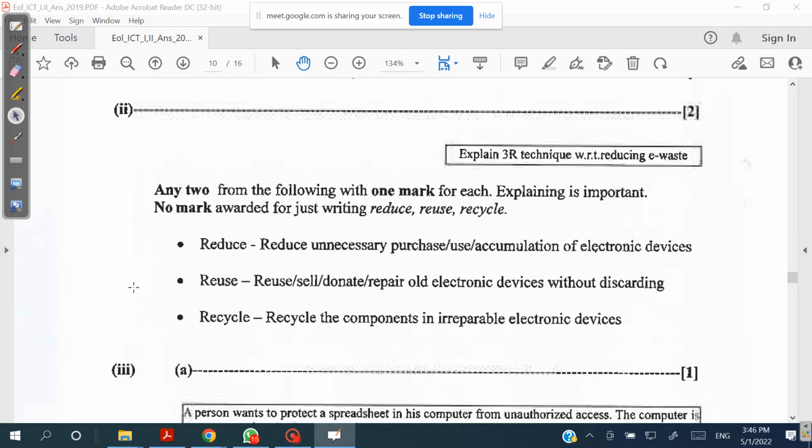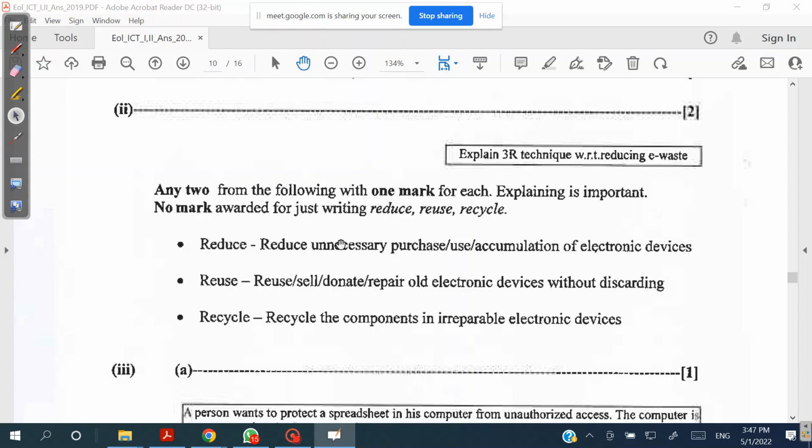Okay, so these are the three ways: reduce, reuse, and recycle. So this says any two from the following, 1 mark for each. Explaining is important. No marks awarded for just writing reduce, reuse, and recycle. So since they're asking you to explain, it's better you explain a little.